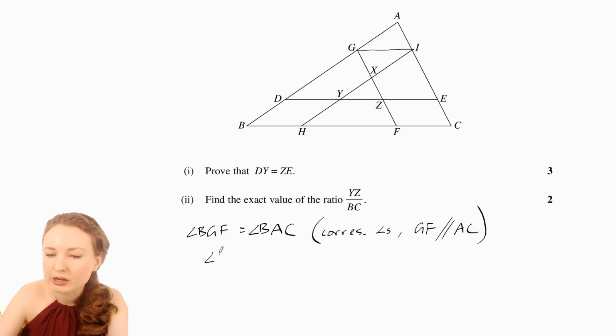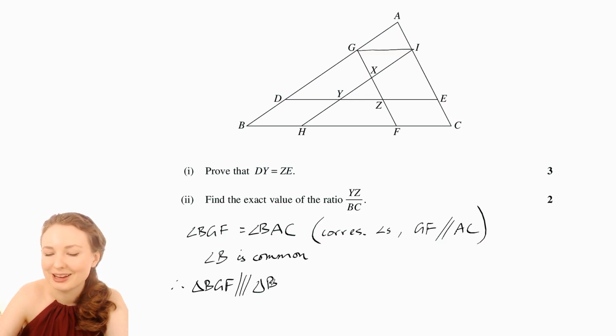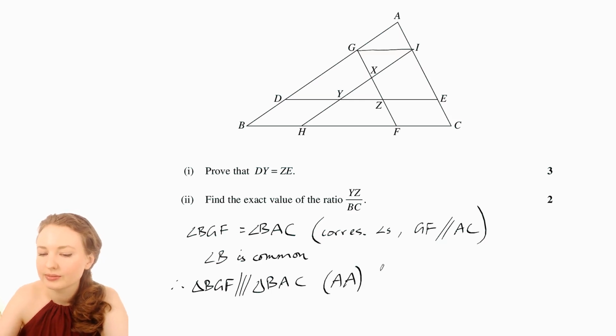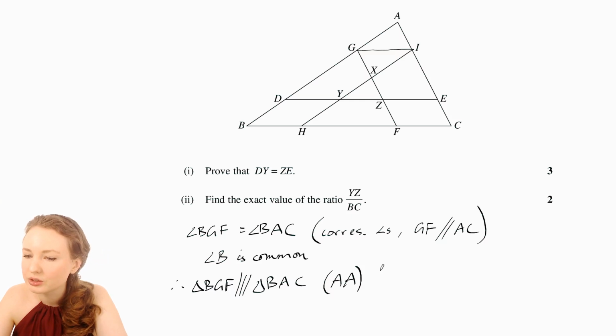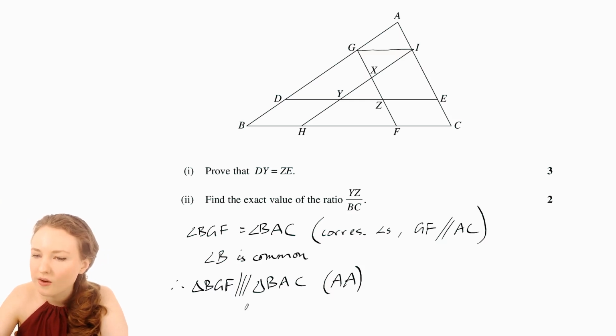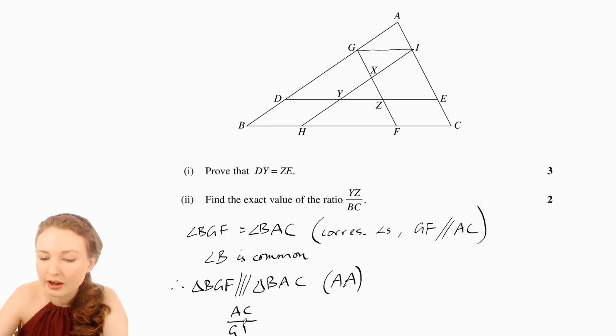And then we've got angle B is common. And so from that we could say triangle BGF is similar to triangle BAC, angle, angle. And we can say that, what was it, AC on GF is root 2. That was given.